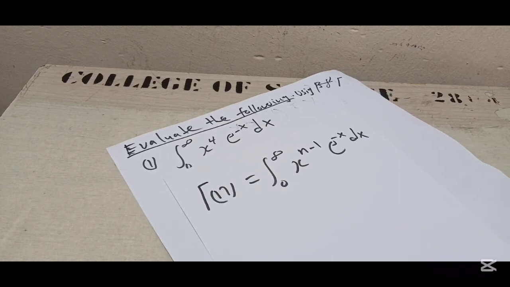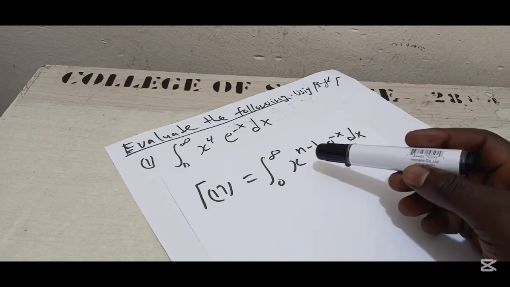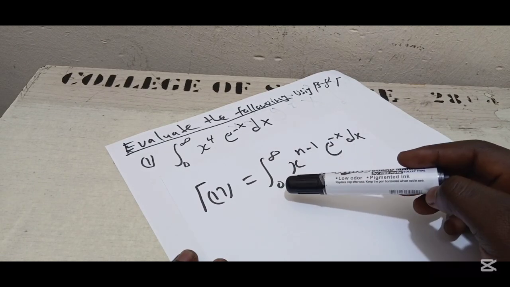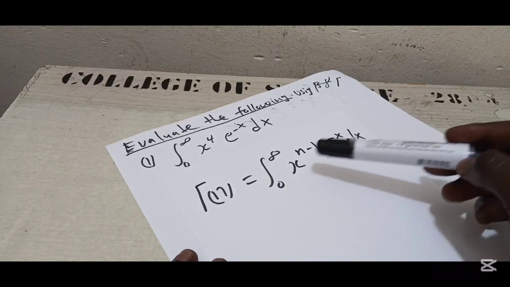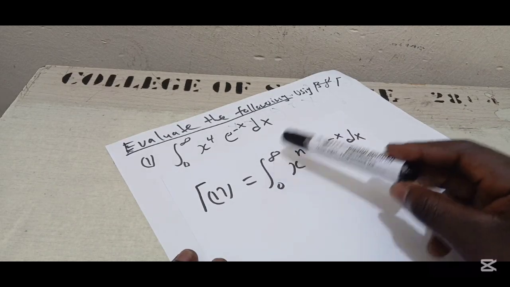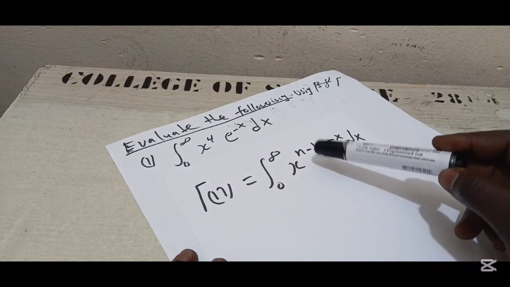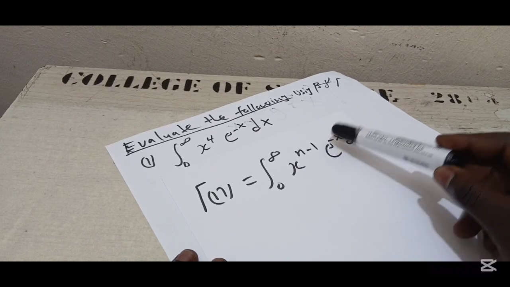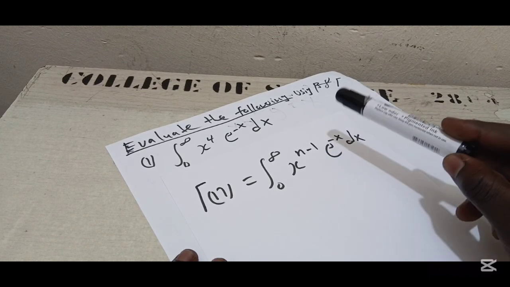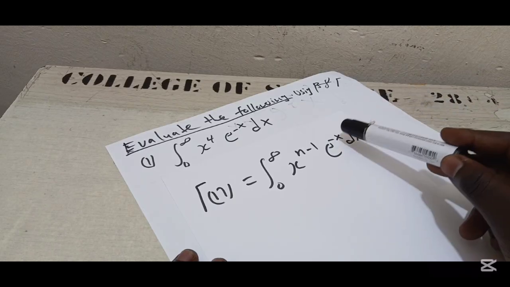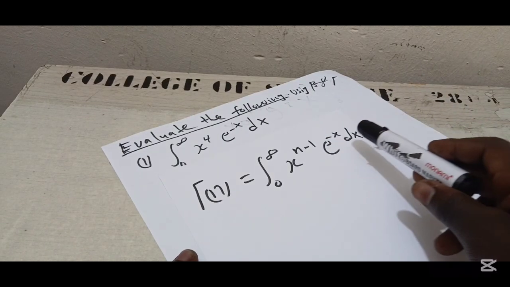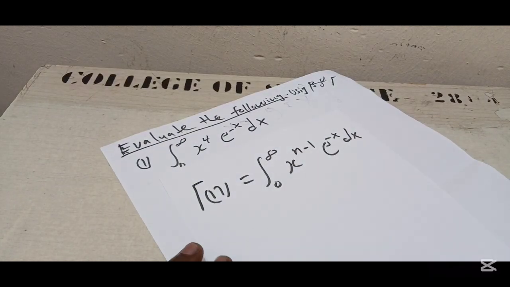Before we apply the idea of gamma function to any problem, we have to look at the limits 0 to infinity, and more specifically the exponent of e, it should be minus x, where x can be any variable. Good.